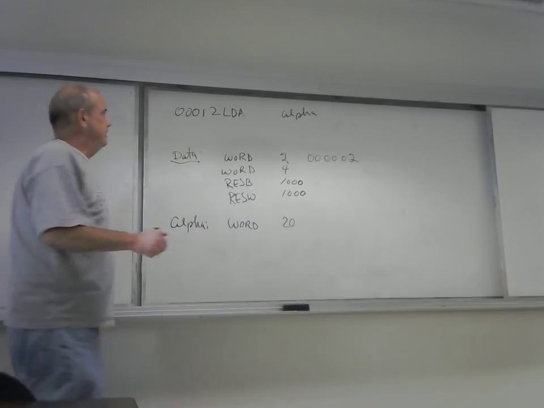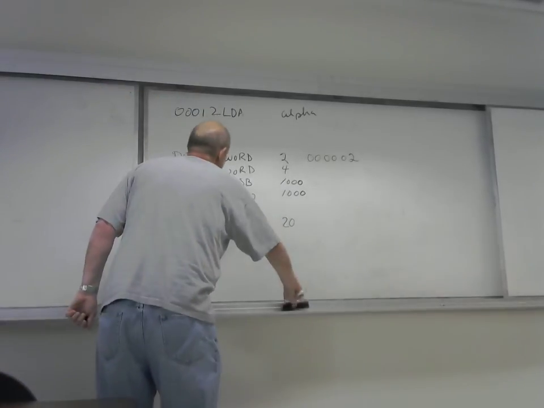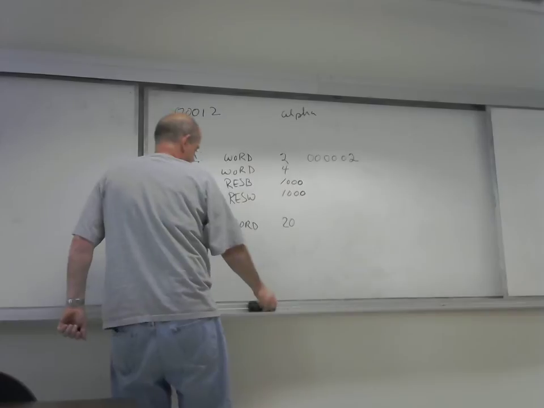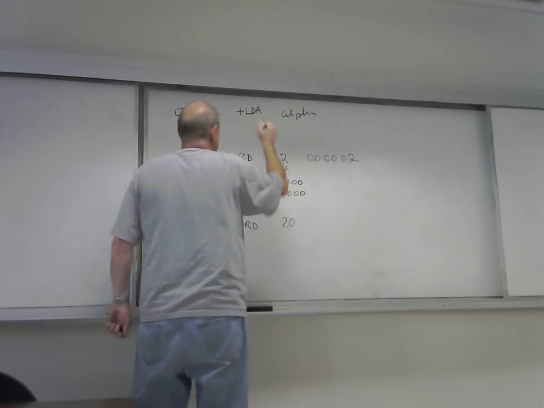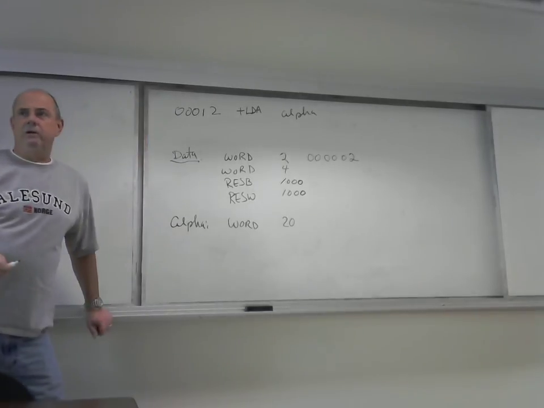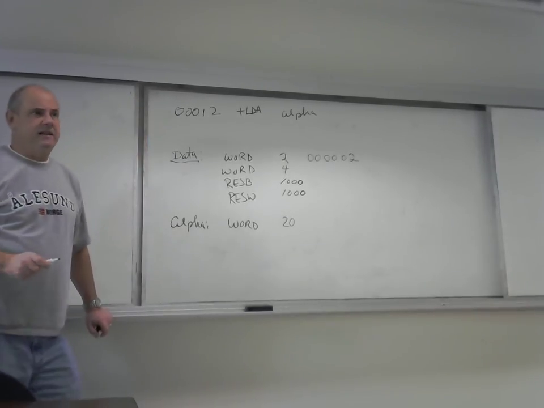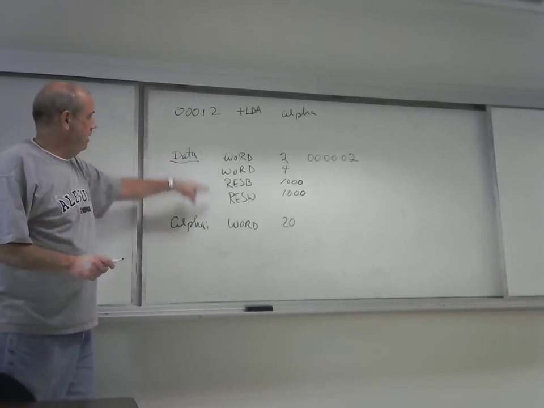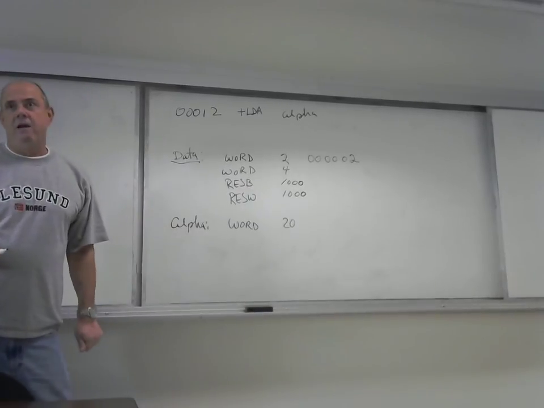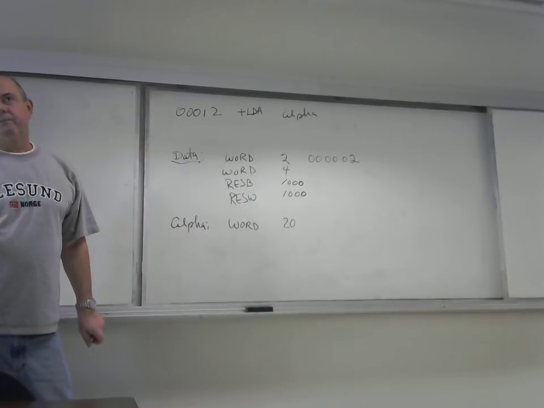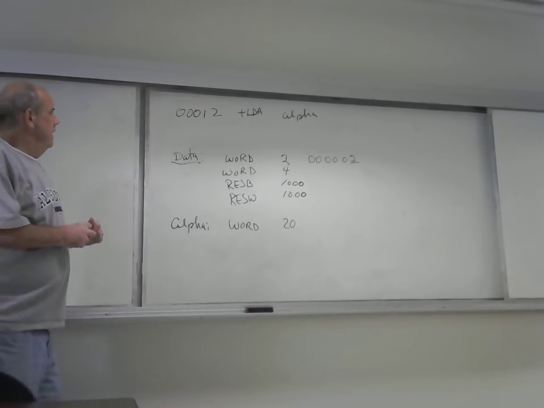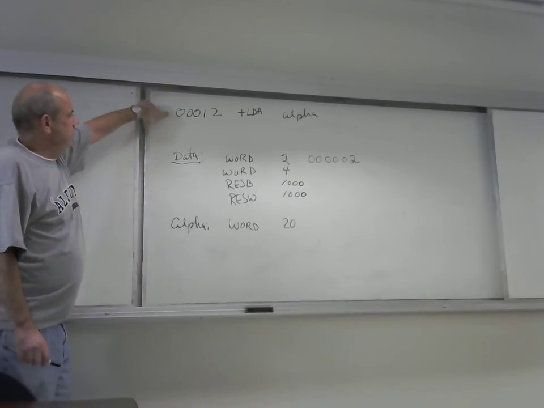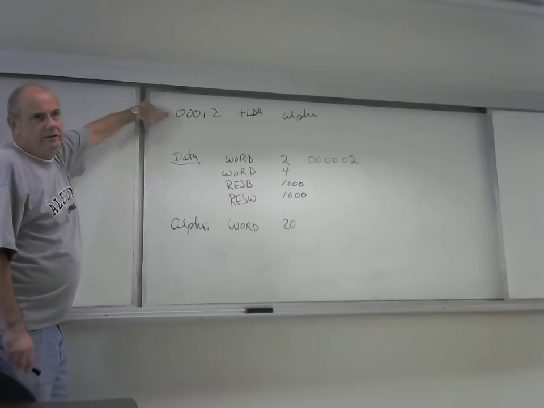So this architecture says you have to put a plus in front of the LDA if it's going to be format 4. But you're telling the programmer that's writing code that he has to calculate displacements to see how far away alpha is. Well, that's ridiculous. When you're writing code, you don't worry about things like that. But here, you need to know how much space that instruction is going to take.